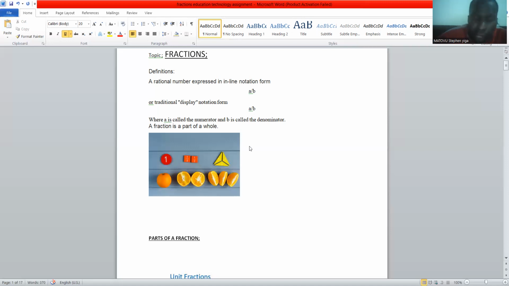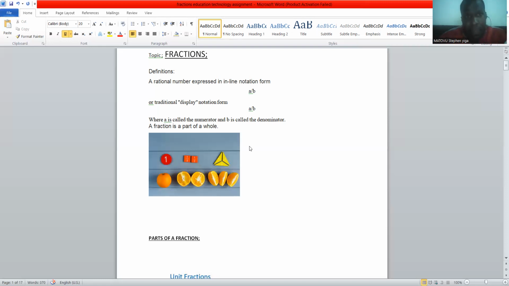Actually, a fraction is part of a whole. When we talk of fractions, many times we bring in the idea of sharing, because a fraction comes from a whole. There is no way a fraction can exist without a whole, but a whole can exist without a fraction.